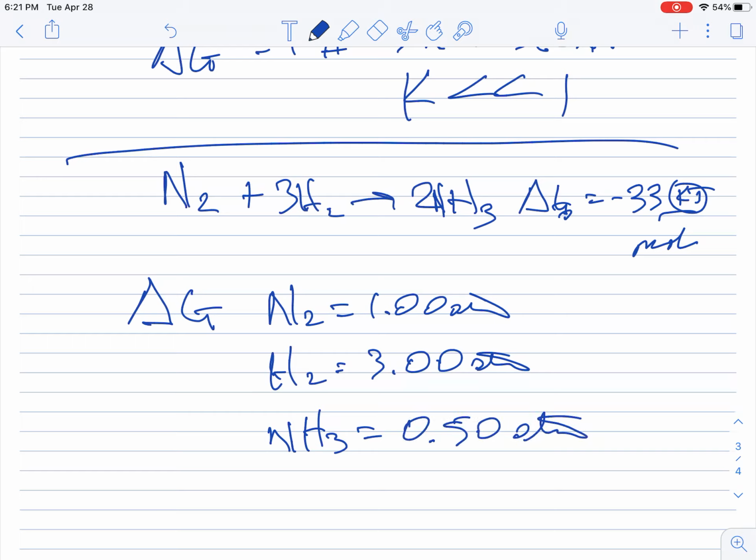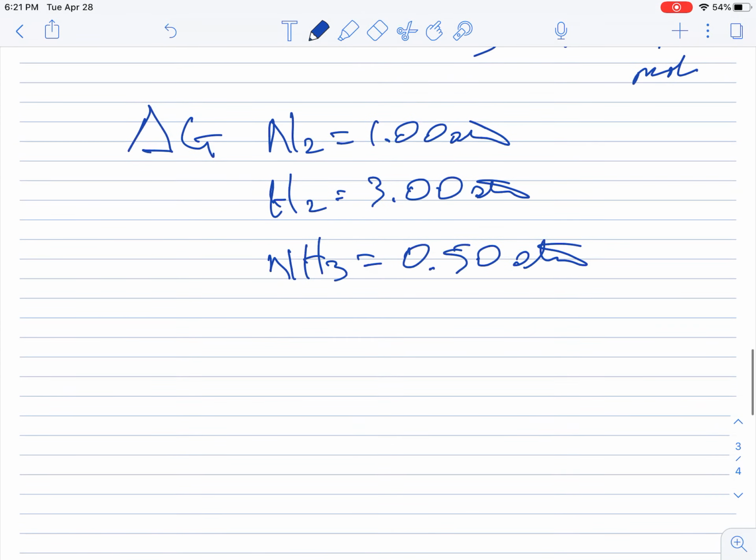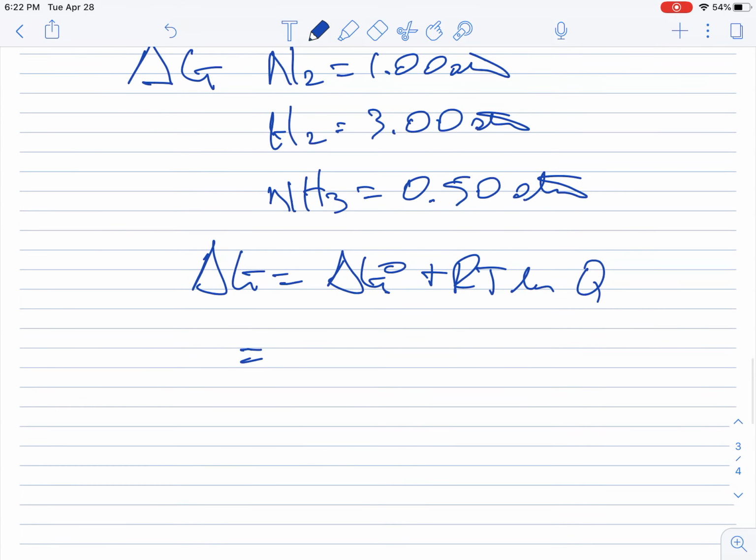I want to figure out what this is going to be. So I've got delta G equals delta G naught plus RT times the natural log of Q, because I don't know what the reaction is going to do.